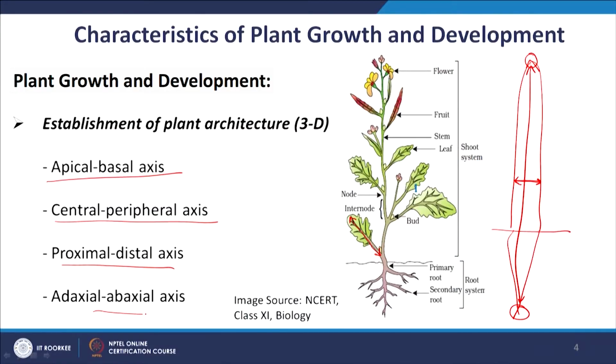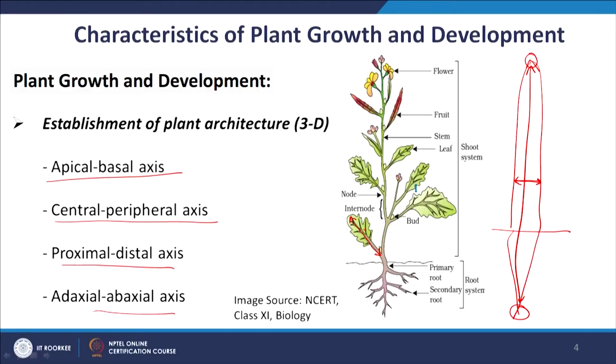And the final axis across which growth and development occurs is the adaxial abaxial axis. This is particularly important for organs. If you look at this leaf, the upper surface and the lower surface are very different. They have different characteristic features and a totally different developmental program.